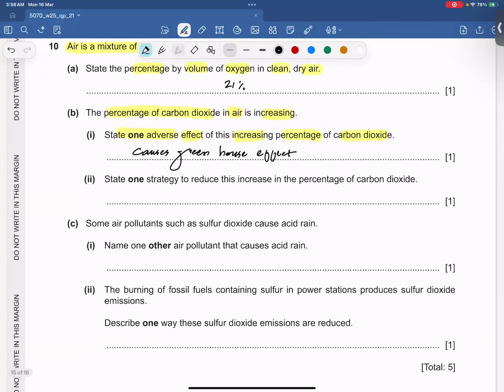State one strategy to reduce this increase of the percentage of carbon dioxide.